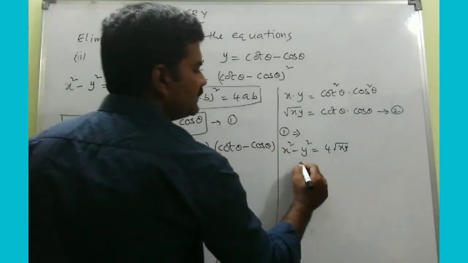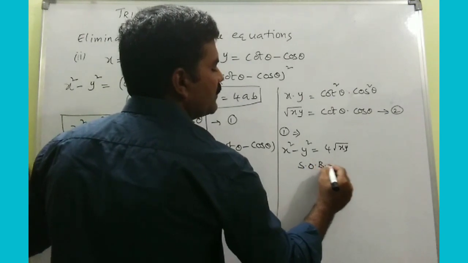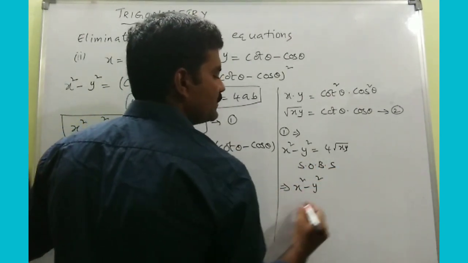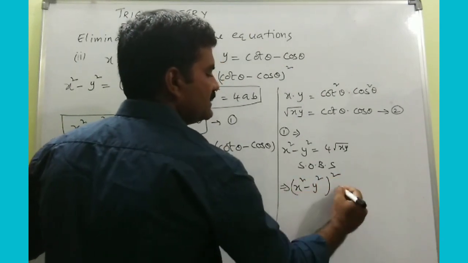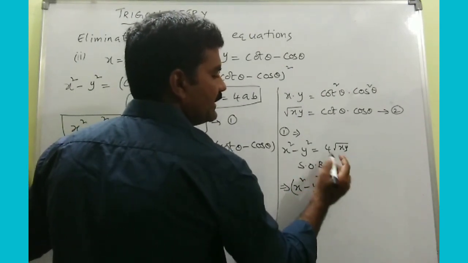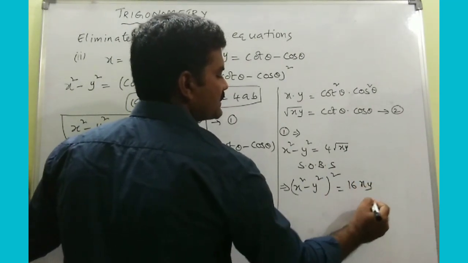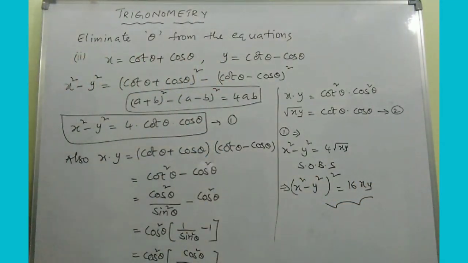If not, do one thing, go for squaring on both sides. Hence this is x square minus y square whole square is equal to, on squaring 4 becomes 16 and root xy becomes xy. So finally x square minus y square whole square is equal to 16xy.